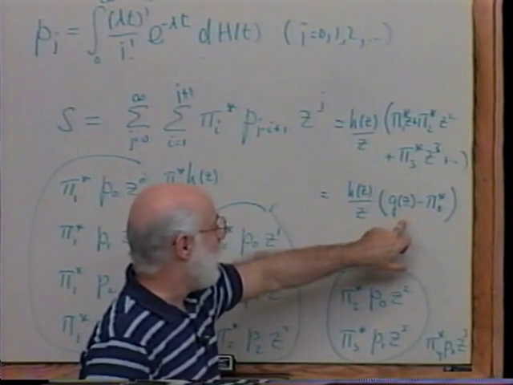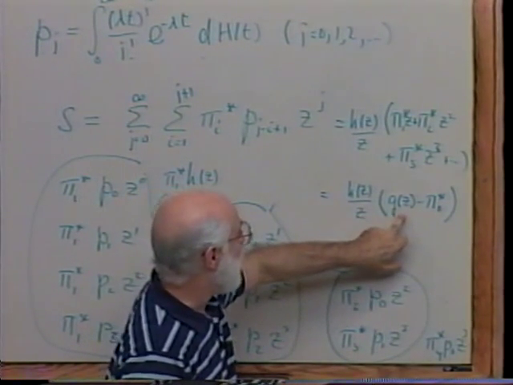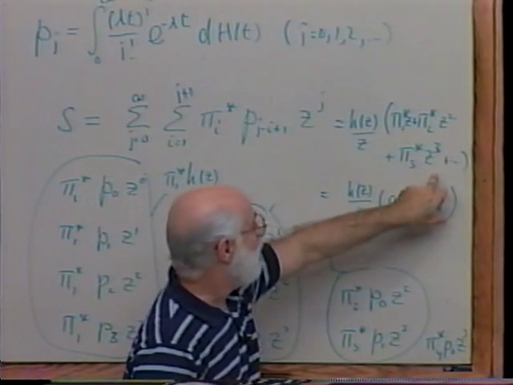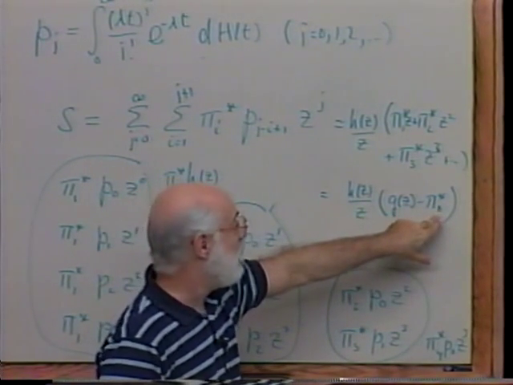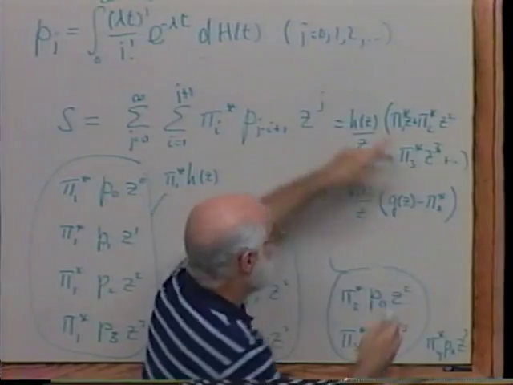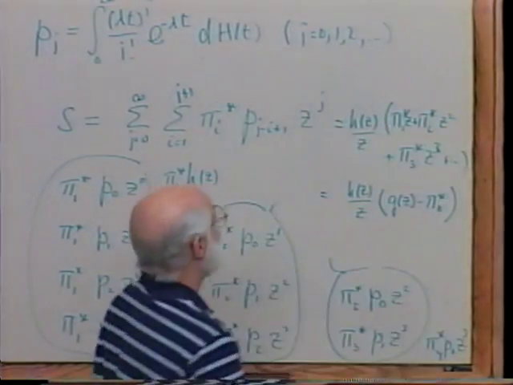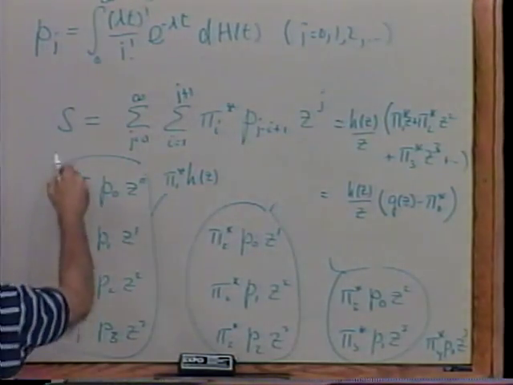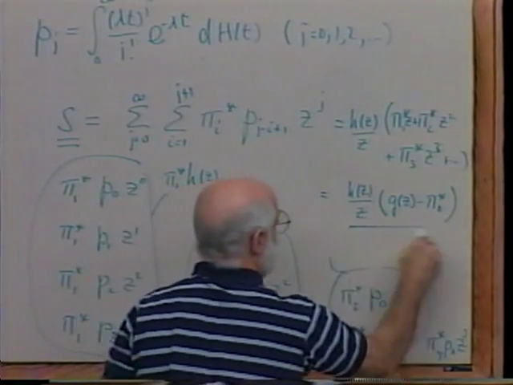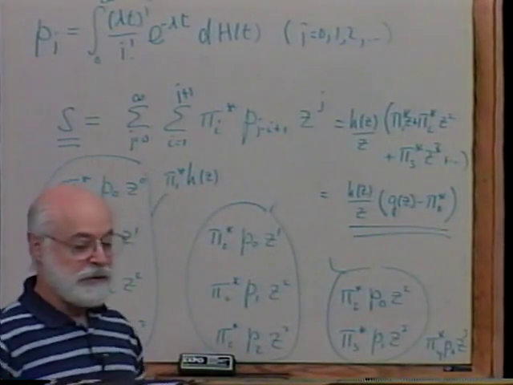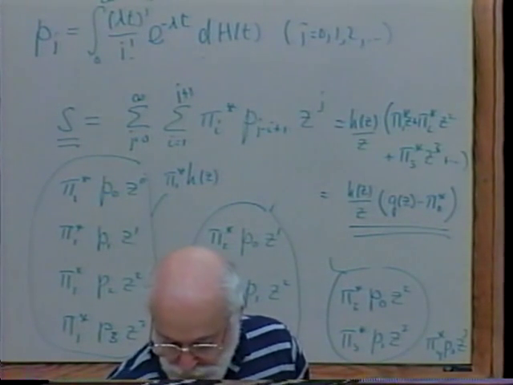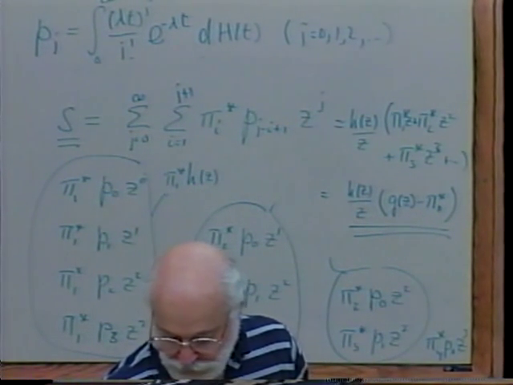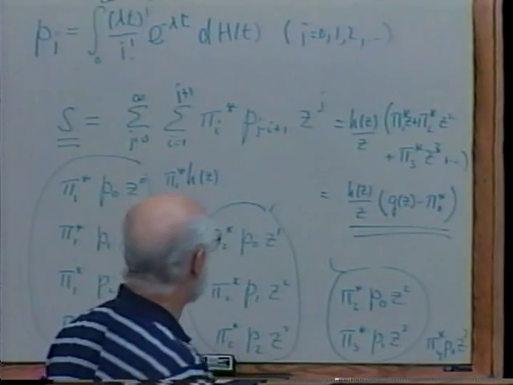Because if I wrote this out, this g of z would have every term that's in here plus pi 0 star. So if I subtract the pi 0 star, then that is the same as what's in parentheses there. So in other words, S is this. That's just by ordinary arithmetic, and in the textbook, that's equation 828.